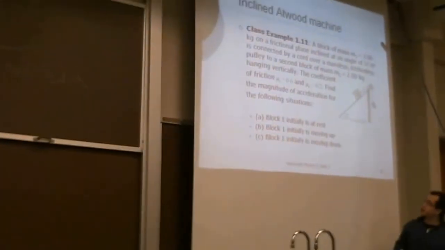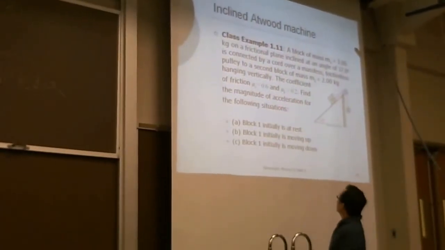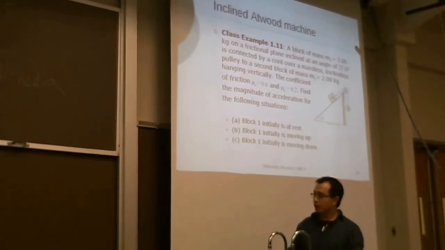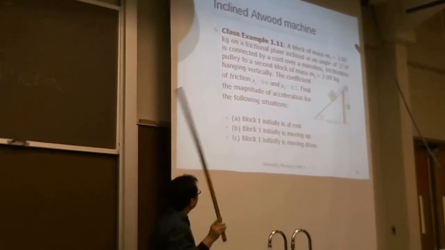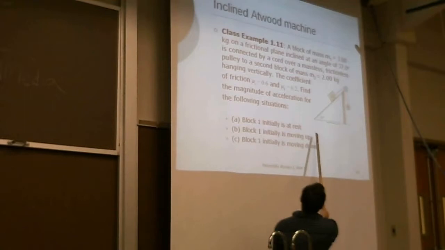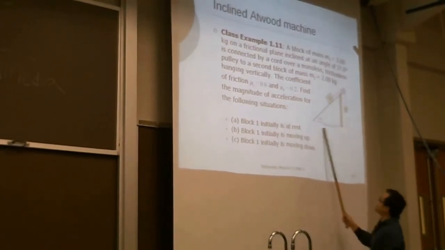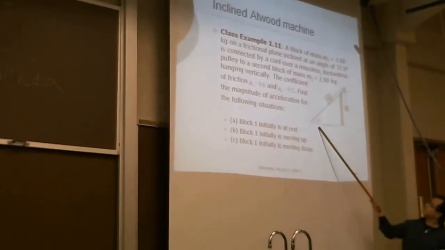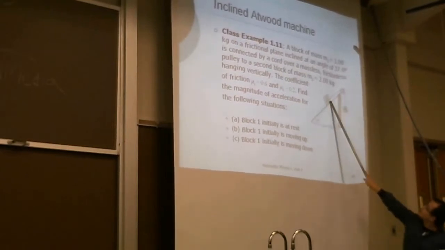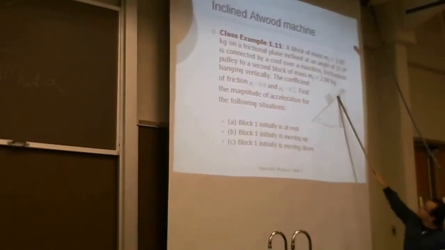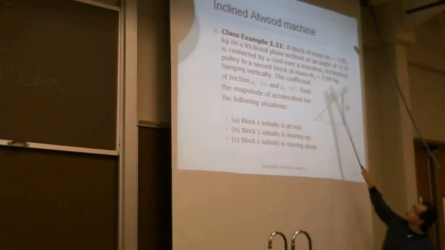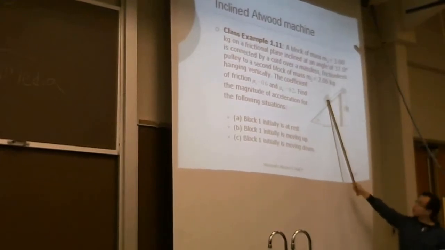Okay, so let's look at this problem. You have an inclined plane like this. You have mass 1, which is 3 kilograms, on the inclined plane. It's a frictional plane, so you have frictional force.